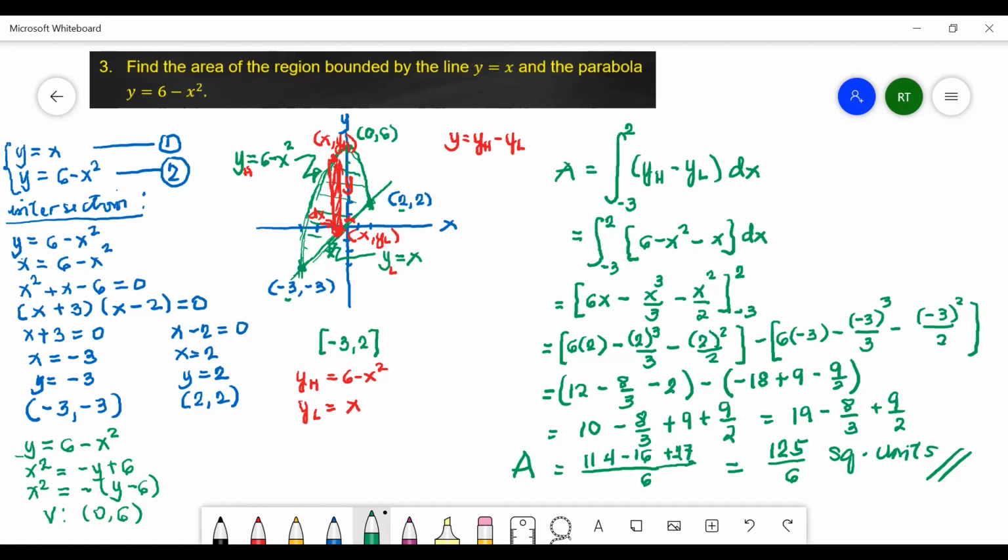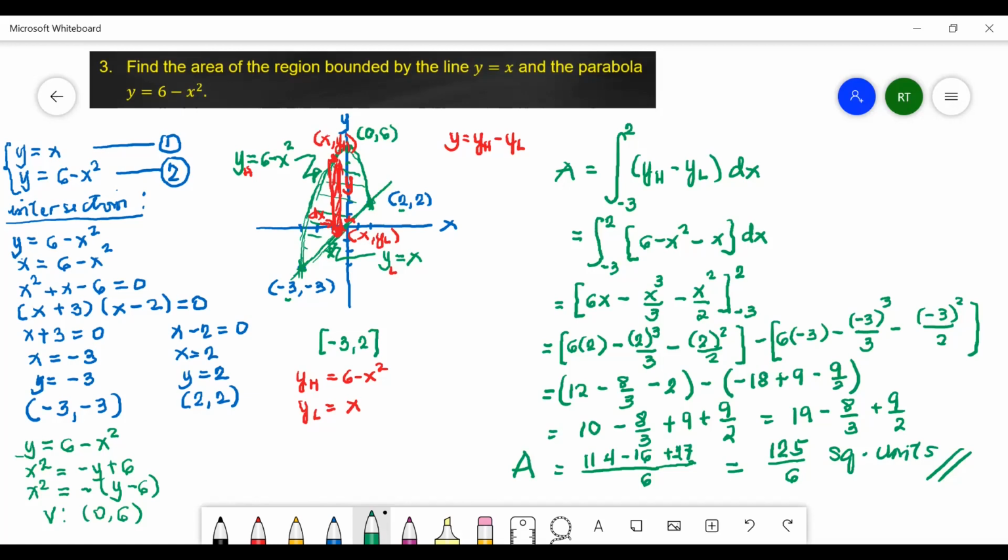Therefore, the area is equal to y upper minus y lower times the thickness, which is the differential of x, and then simply get the limits of integration. The lower limit is x equal to -3, and the upper limit is x equal to +2.